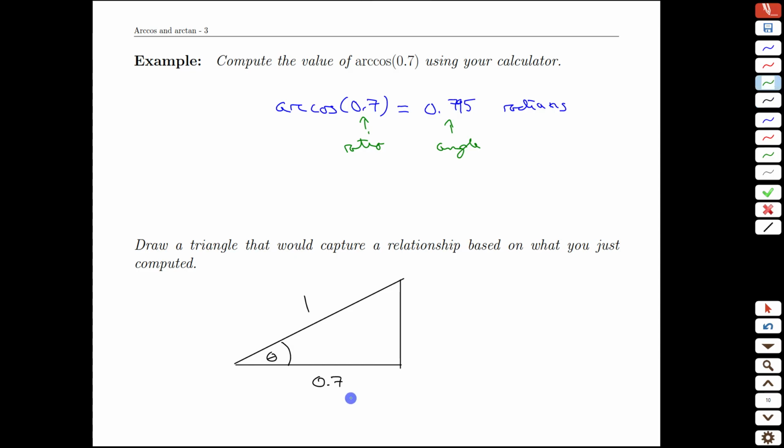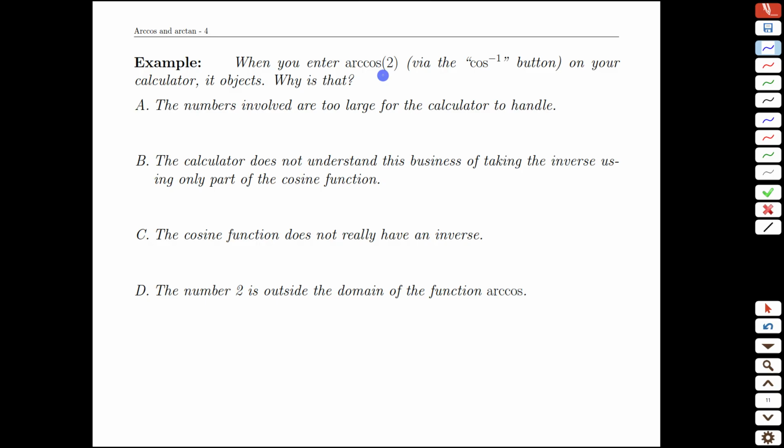If you liked, you could write that as 7 to 10. The beautiful thing about triangles is that it doesn't matter as long as the ratio is consistent. All you're doing is scaling the whole size. And what we found here as the angle in this particular triangle would be 0.795 radians. So the arccos takes us from ratios of adjacent over hypotenuse to the angle that would be defined in a triangle there.